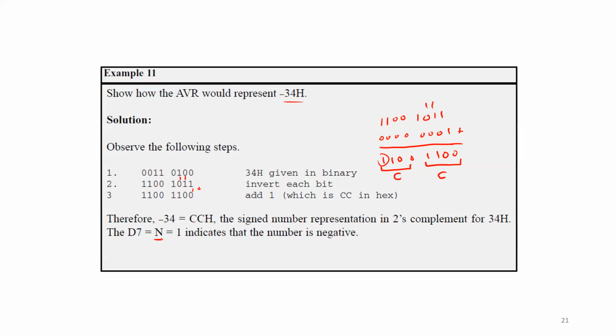N is the negative flag in the status register. So this is the first thing that we can understand if our number is positive or negative. If N equals 1, this means the number is negative, and all the time N would be the result of D7 of our register. So this indicates that the number here is negative. Okay, nice.